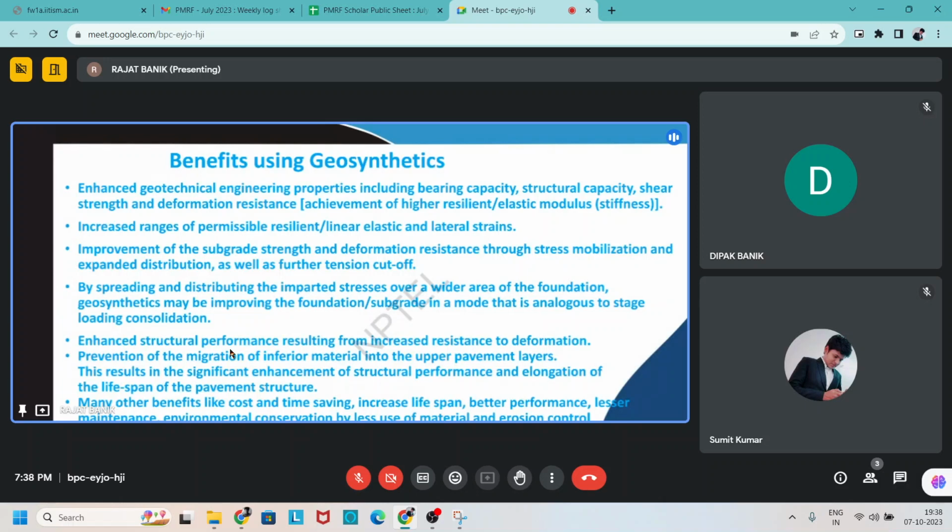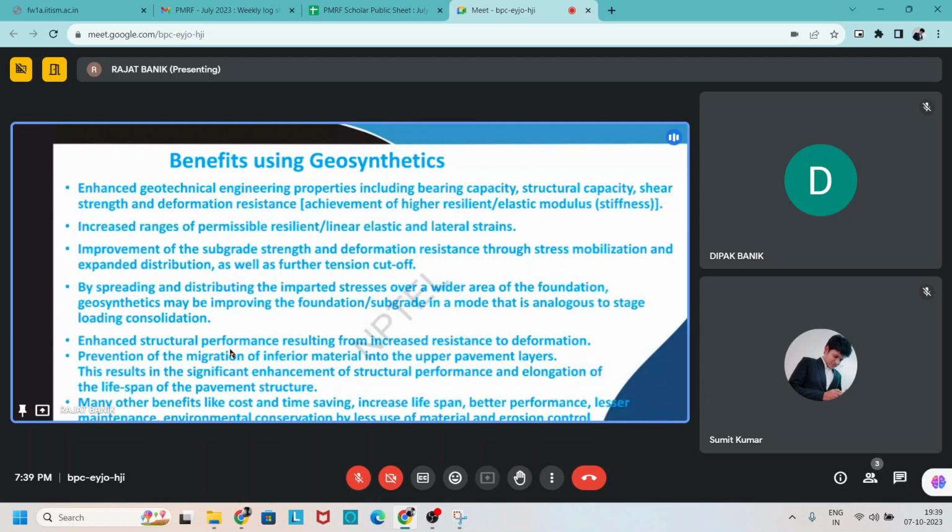By spreading and distributing the imparted stress over a wider area of the foundation, geosynthetic may be improving the foundation and subgrade in a mode that is analogous to stage loading consolidation. It enhances structural performance resulting from increased resistance to deformation and prevention of the migration of inferior material into the upper pavement layer.